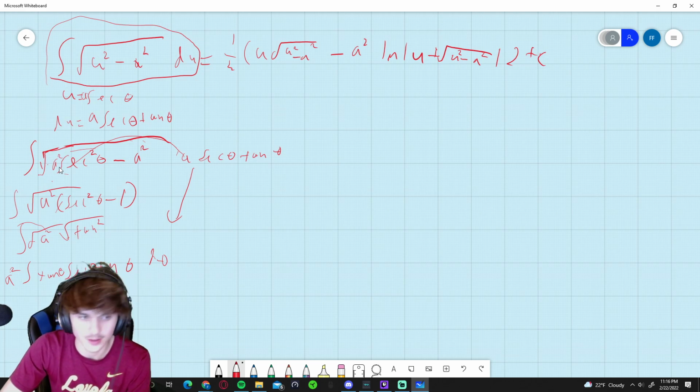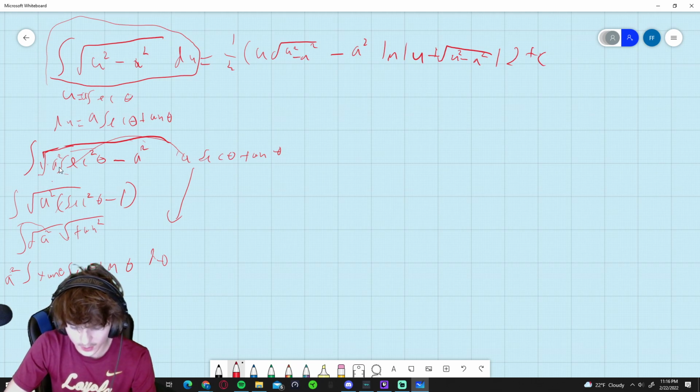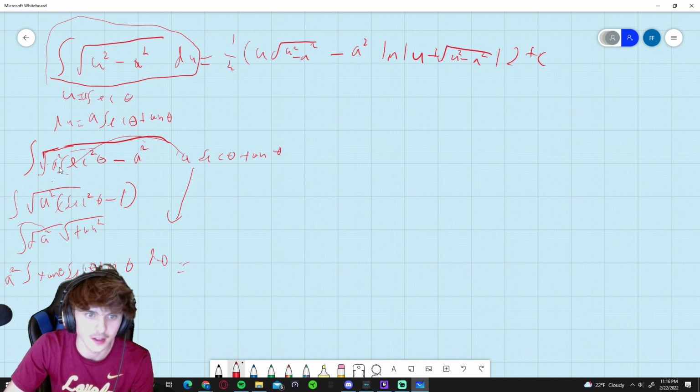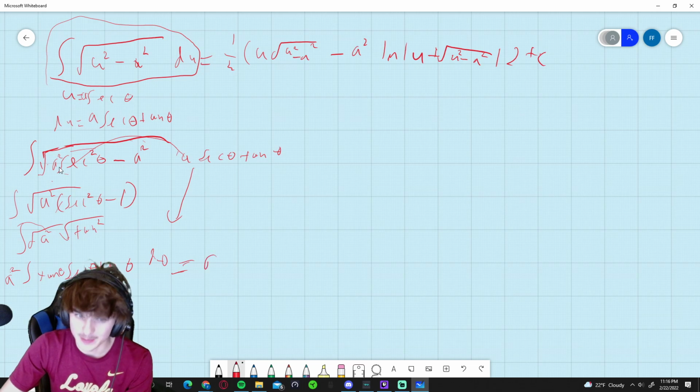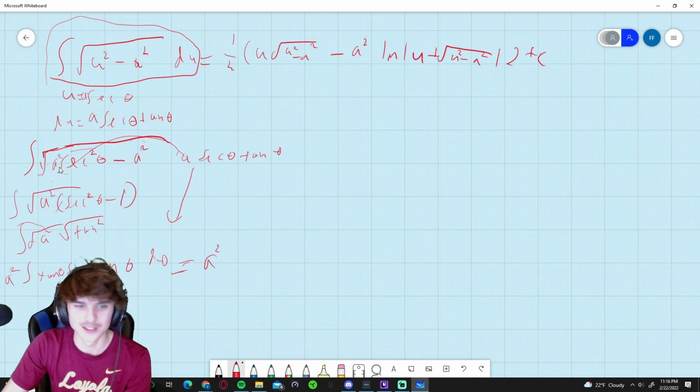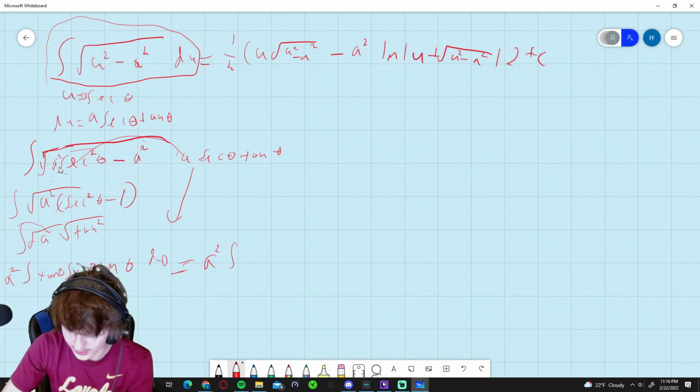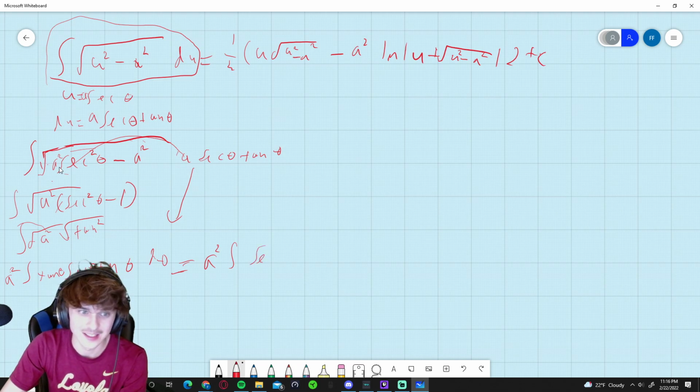So from that step, you have to do some trigonometric manipulation. Just kidding, that's a joke. So then you have tangent squared times secant, which is equal to secant squared theta minus 1 times just secant theta.